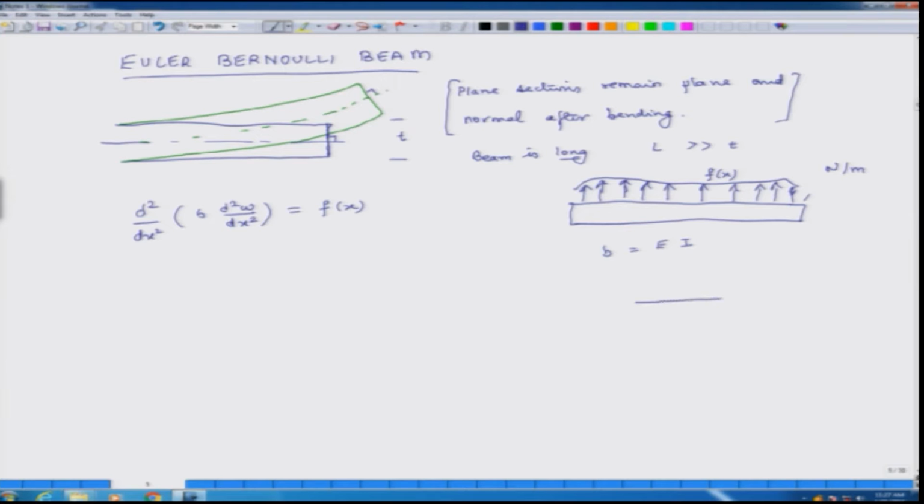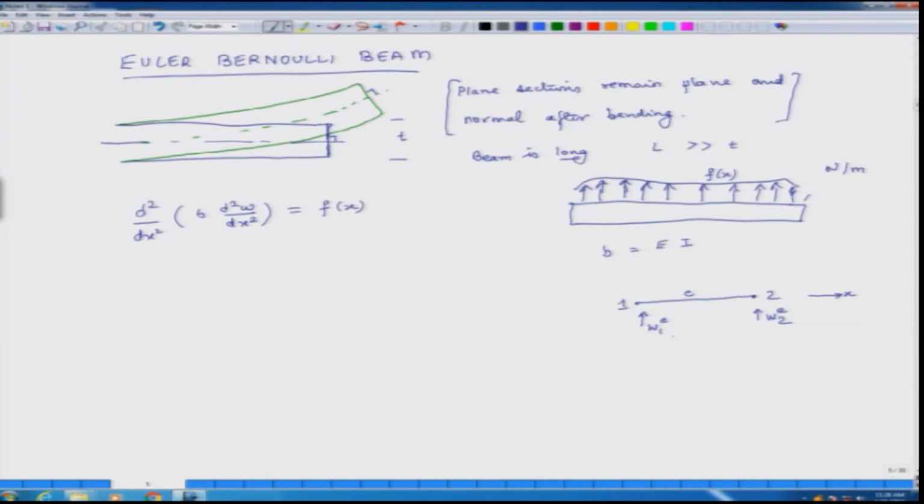If I have a small element of the beam which I just represent as a line, and let us say its nodes are 1 and 2, this is my x axis, then W is positive if it is going up. So, this is W1 and this is W2, and if it is the eth element, I put a superscript e.